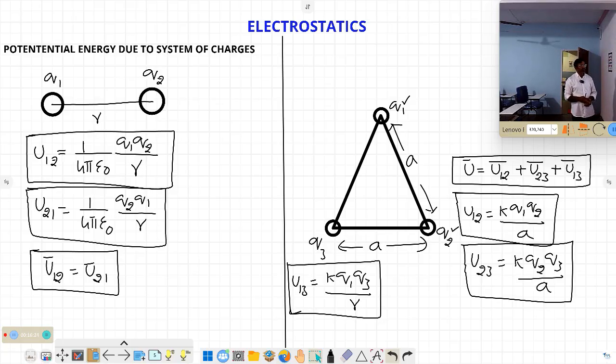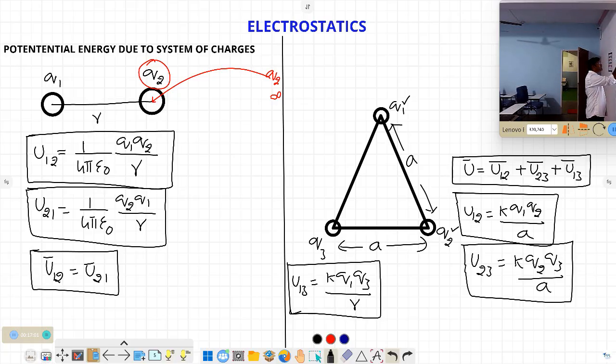Here the concept is, suppose this charge Q2 is not there, imagine. In the case of two charges, Q2 is not present. If I take Q2 at infinity, how much work do I have to do to bring this Q2 from infinity to this point? If you imagine that Q2 is already here, that much energy is associated, and that much equivalent work you have to do.